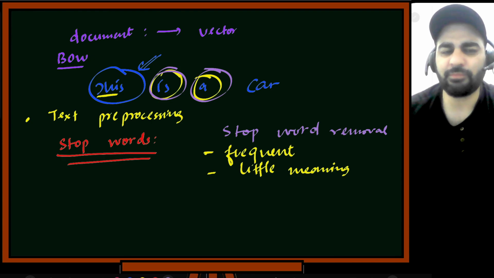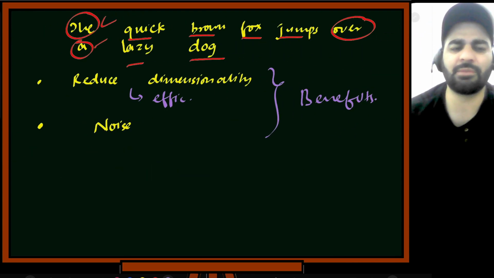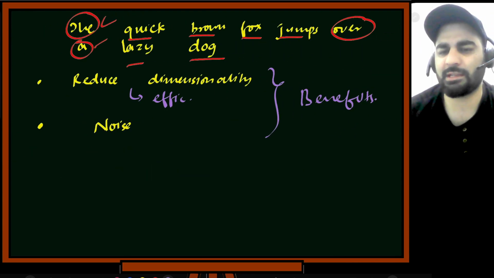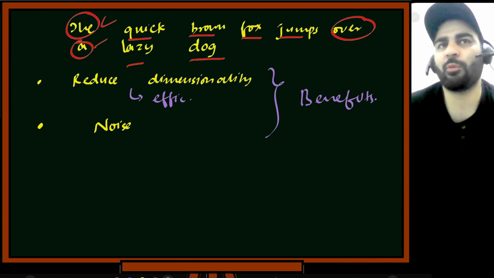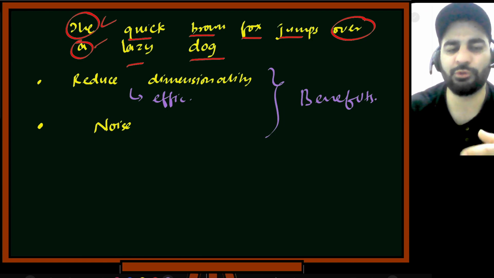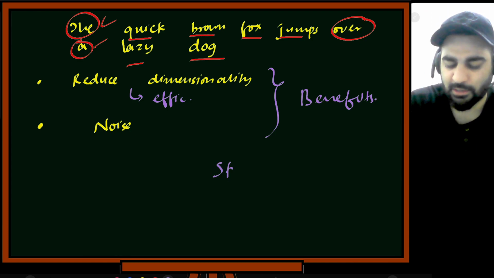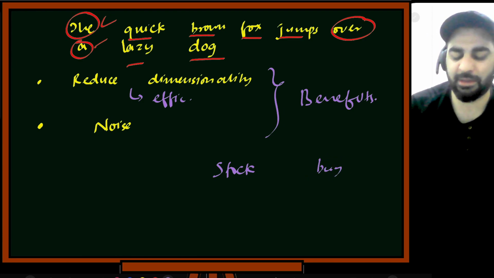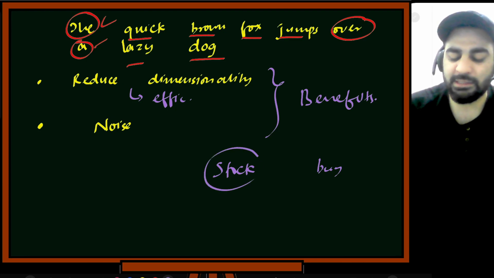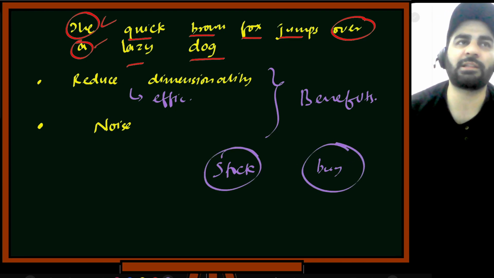And then there are also limitations. Sometimes you can lose the context. If you just have rules and you remove things, you lose context. Let's suppose you consider one word to be of less significance, but in some other domain, for example words like stock or buy, maybe you consider them stop words because they occur in many emails, but they have significant meaning in finance.